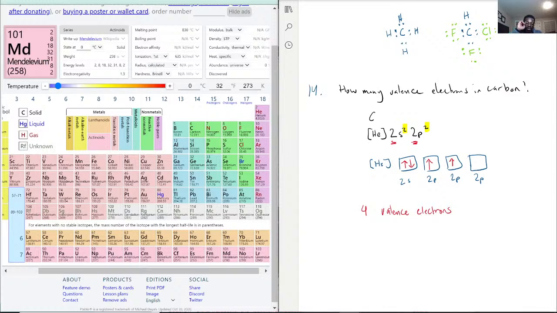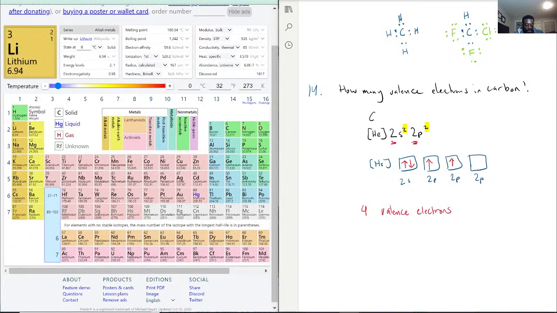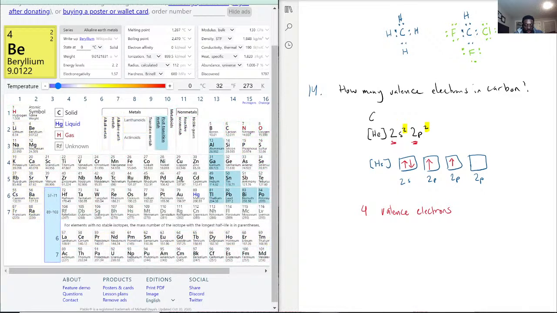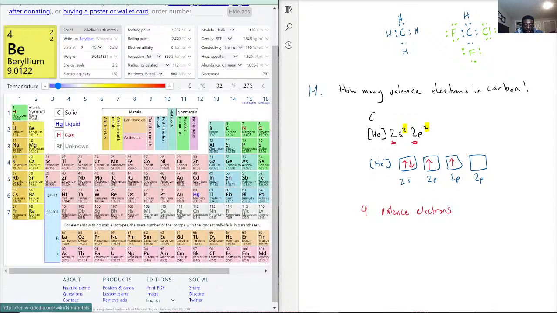Now I did it this way just so that we can use the concept we're learning throughout, to be able to provide a form of association. But you can also just look at your periodic table, and you would notice that if you start from the first column, including hydrogen actually, the first column indicates 1 valence electron, the second column indicates 2 valence electrons. Now instead of 3, you would actually skip over the whole row of transition metals, so all this right here, you skip over and go to 13.